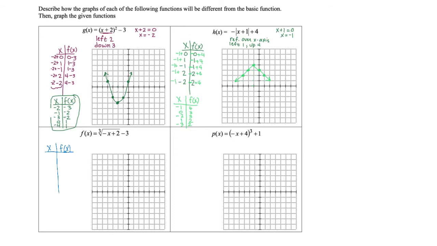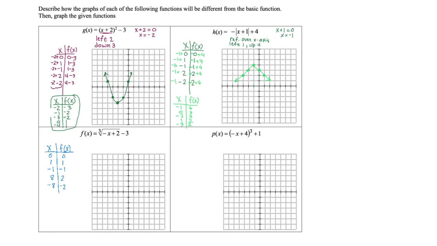But knowing your original T-chart does help it. Okay, so we have 0, 0. We had 1, 1, -1, -1. We had 8, 2, and -8, -2.